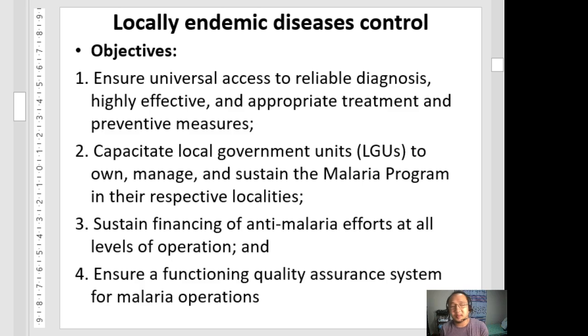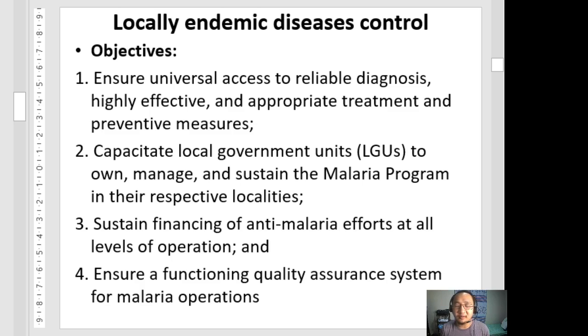You can put up a pond where a mosquito can lay their eggs or larvae, then the fish will eat the larva. Aside from that, we have your zooprophylaxis. So larvae eating fish and zooprophylaxis, having domesticated animals in your surroundings, so instead of the mosquitoes coming for you, they will go to these animals.